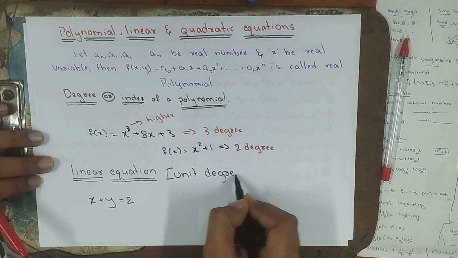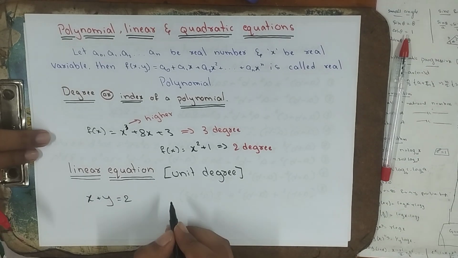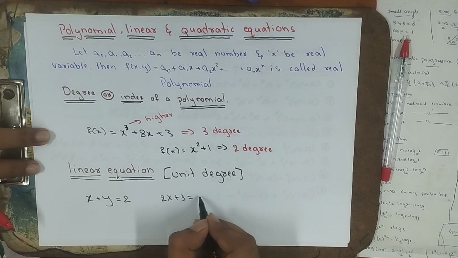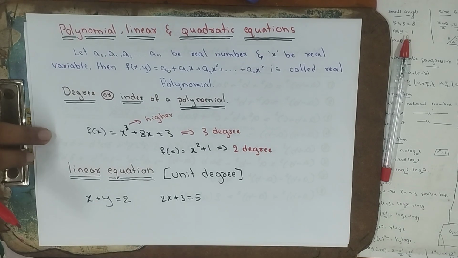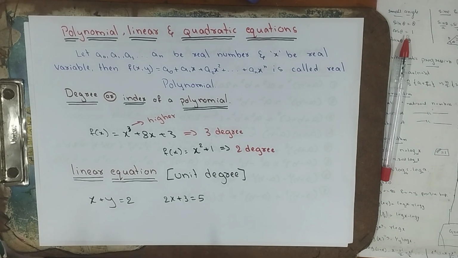Any equation which has unit degree means any equation having 1 degree, upper power is 1. That's all. That is your linear equation. Write down the definition: any equation having a unit degree is called a linear polynomial. For example, 2x plus 3 is equal to 5. This is also an example, and you see, this is only the 1 power. This is your straight line equation.